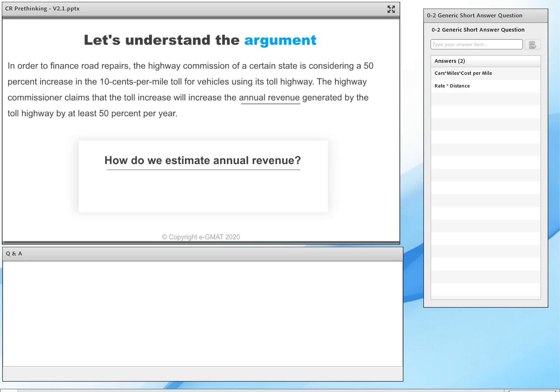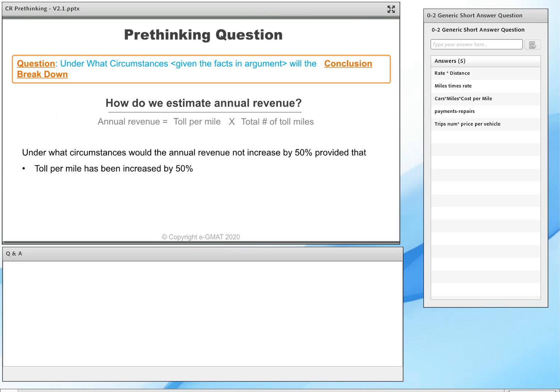There's no cars there. I'm charging on a per mile basis. So the way I estimate annual revenue is how much toll I'm charging per mile and how many miles in total are driven on highways. Now you can translate total toll miles into cars multiplied by average distance per car or trips and all of that. But let's keep things simple here.